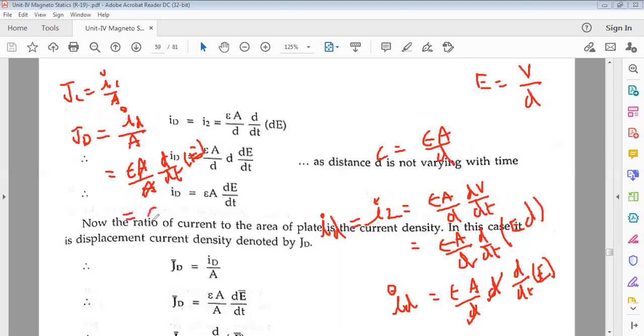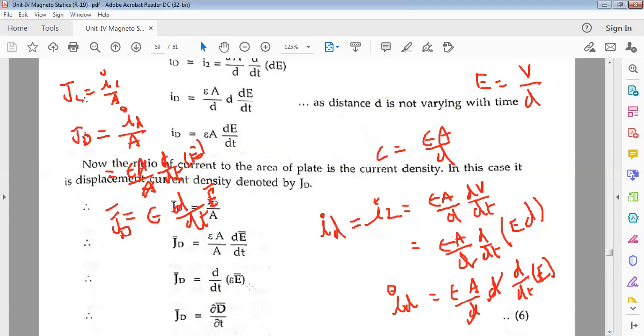JD is equal to epsilon d by dt of E. When it is a vector, JD bar is equal to d by dt of epsilon into E bar.